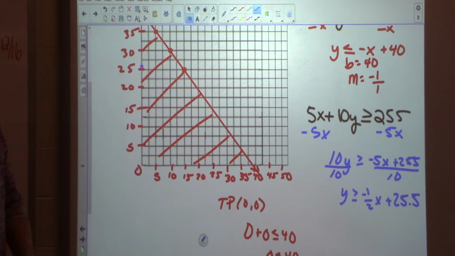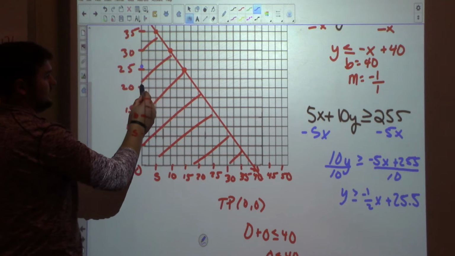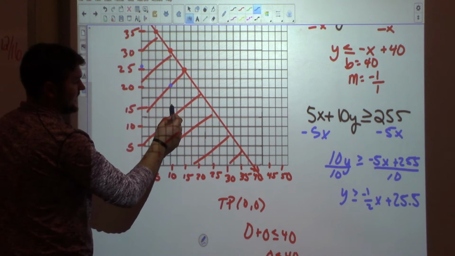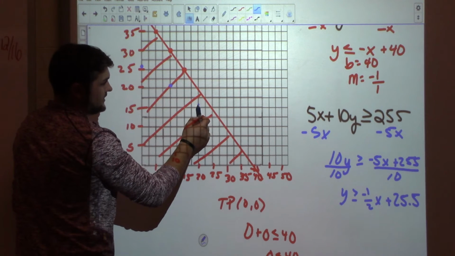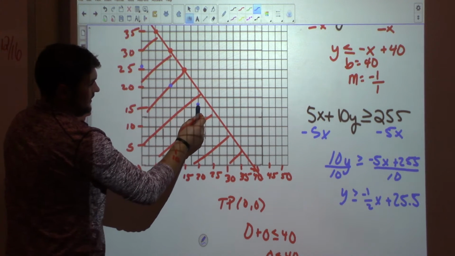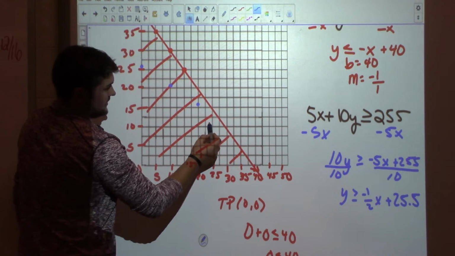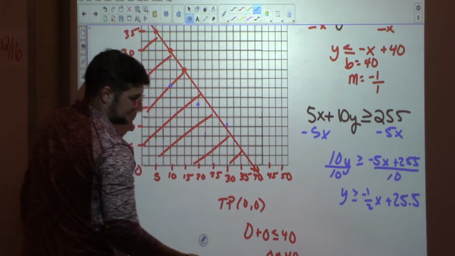So I'm going down 1 over 2, except my scale is by 5s. So I'm going down 5 over 10, to the right 10. Down 5 to the right 10. One more time, down 5. Oh shoot, where'd I go? Right here.